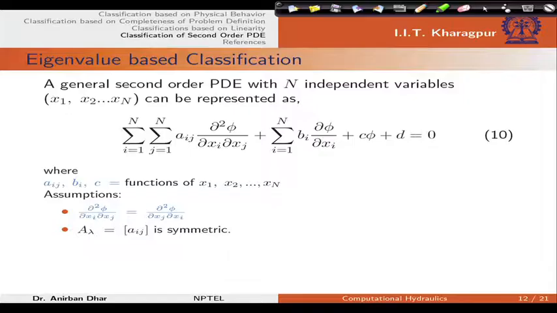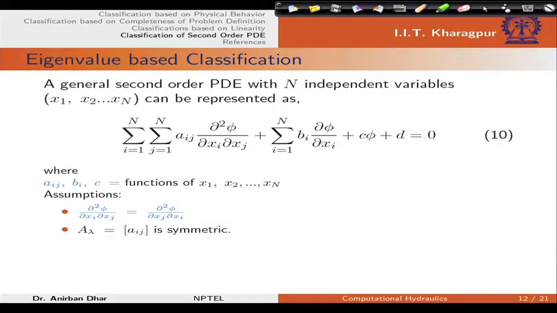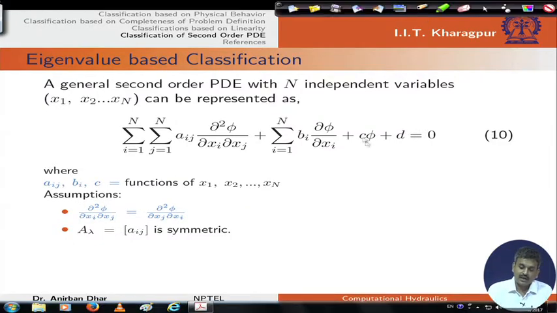Now, eigenvalue based classification. We can have multiple independent variables for the differential equation. So, let us consider a PDE where we have n independent variables x1, x2 to xn, and aij, bi, c, d are coefficients again.